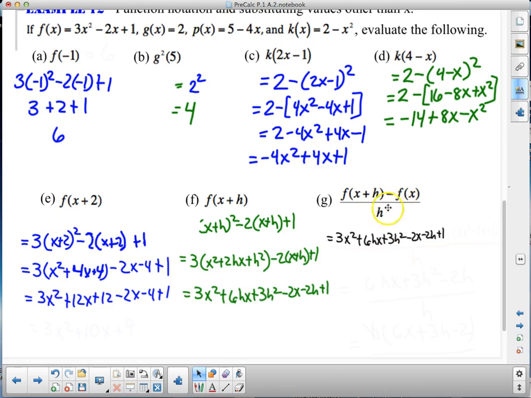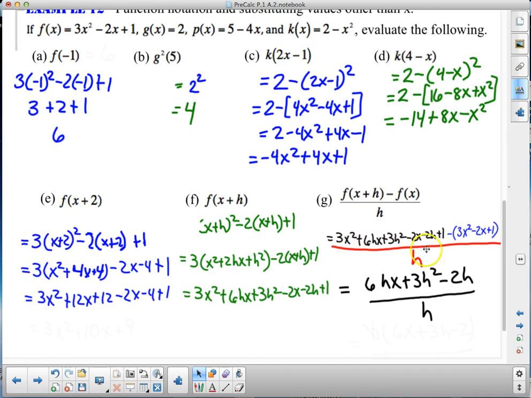I am going to take minus f of x, which is minus 3x squared minus 2x plus 1, okay? And then I've got this all over h. So now I just evaluate. So I've got 6hx, and that's negative 3x squared, knocks each other out. 6hx I start out with.